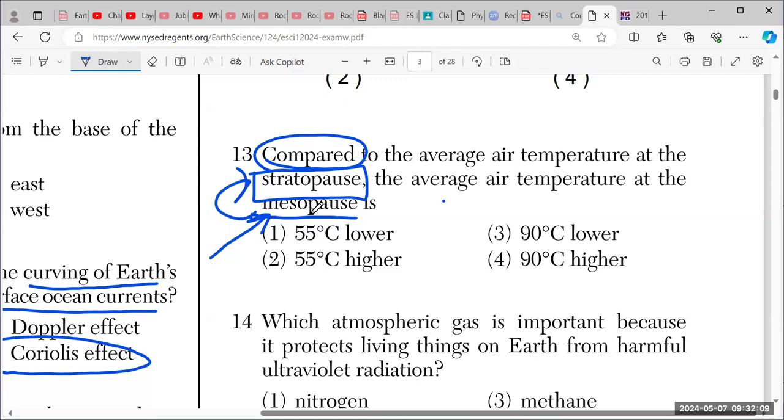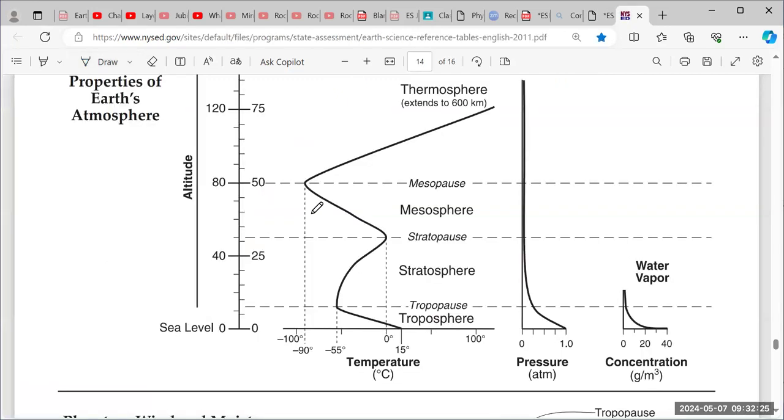Now, these terms, stratopause, mesopause, where do I even find these on the reference tables? Once again, I'm looking with the lens of how can the reference table help me to solve these problems. Well, I see mesopause and I see stratopause on page 14 of the reference tables.